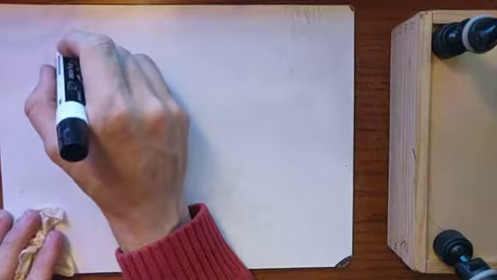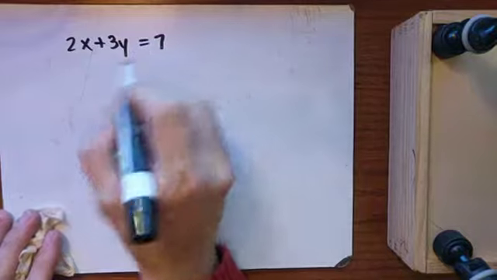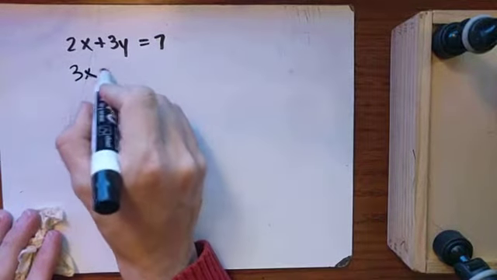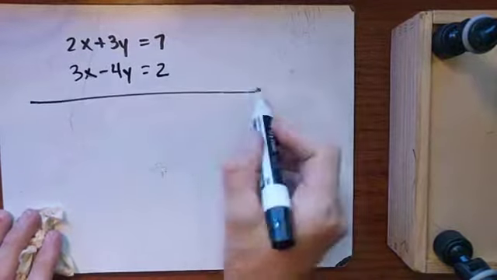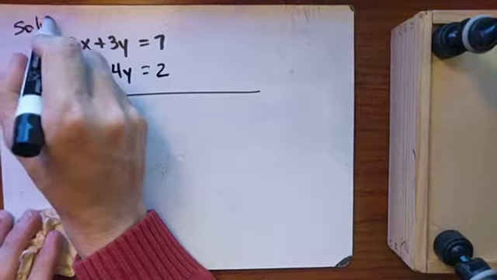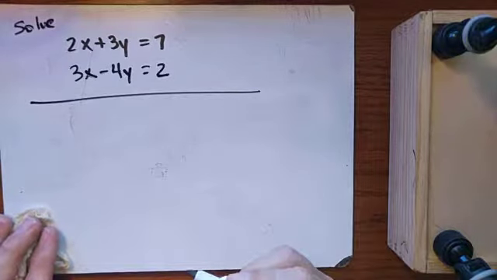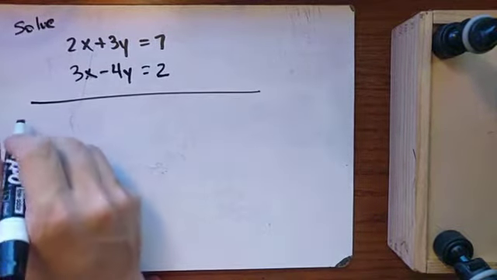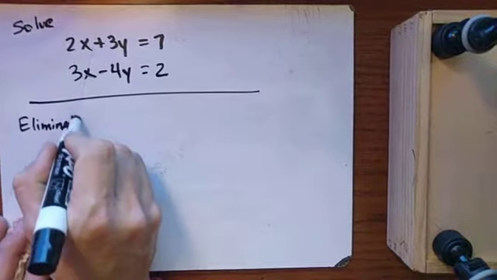And this may be a little bit of a difficult example to begin with, but don't get scared when we have fractions or decimals going on. Okay, but this is our example, so we want to solve this, right? And again, I'm going to show you how to do this without graphing. So one way of doing this is by using what we call elimination.